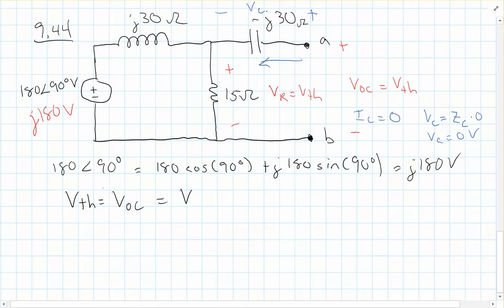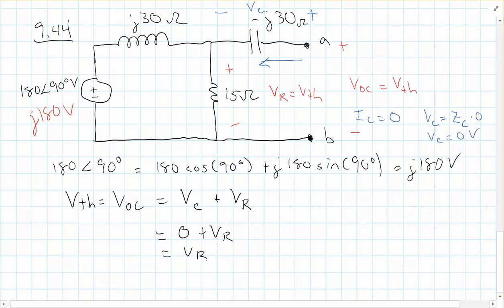V Thevenin would be equal to V open circuit, which would be the voltage across the capacitor plus the voltage across the resistor. But we just had this discussion that the current through the capacitor is 0, which means the voltage across the capacitor is 0. So we end up with 0 plus the voltage across the resistor, which is just the voltage across the resistor.